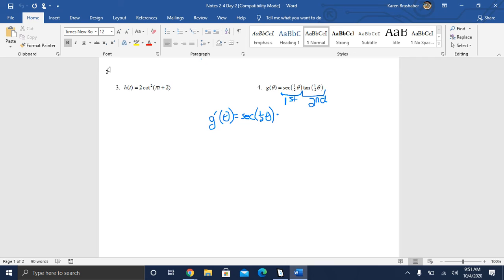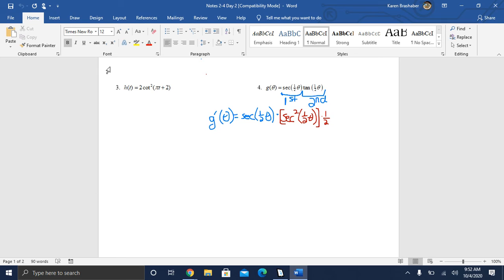Well, the derivative of tangent is secant squared of the angle 1/2 theta. But since your angle is not just theta, it's not just this singular variable, we have to do the derivative of the angle. So we'll multiply that by 1/2.